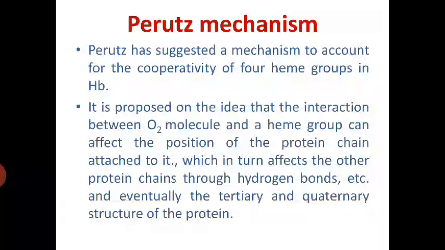It is proposed on the idea that the interaction between oxygen molecules and a heme group can affect the position of the protein chain attached to it, which in turn affects the other protein chains through hydrogen bonds, etc., and eventually the tertiary and quaternary structure of the protein. So that means if one is bound to oxygen, it gets change in other heme units.